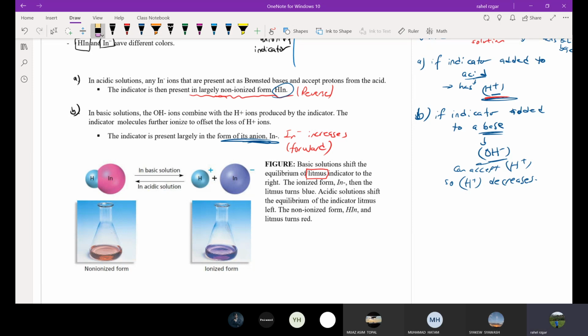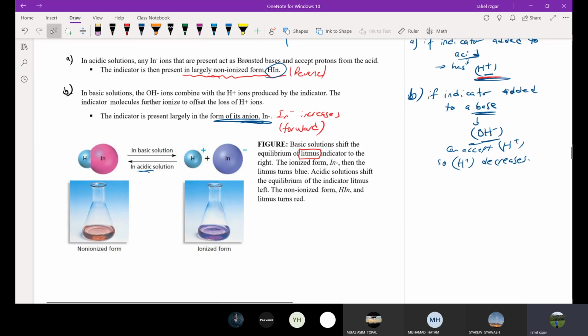When you put this acidic solution, what will increase? HIn. We know that. But what does that tell you about litmus? It tells you that for litmus, even though it's explained here in this part, if HIn increases, so HIn has which color?